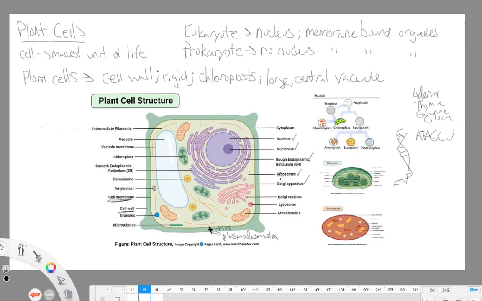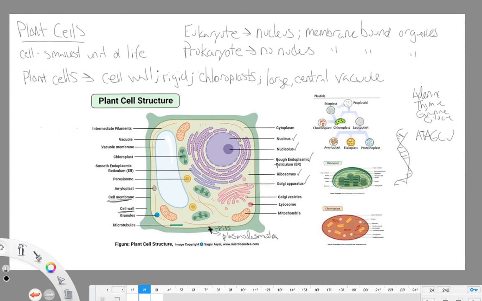That protein then gets folded up by the endoplasmic reticulum, and it gets sent to the Golgi apparatus. Within the Golgi apparatus, which is like the post office of the cell, it can further modify that protein, repackage it, and then send it off to where it needs to go, either within the cell or outside of the cell.